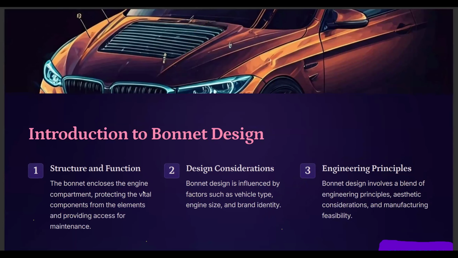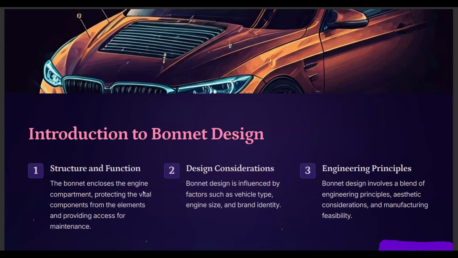Coming back, the first thing that you should see is the structure. When you start designing, be it a hatchback, an SUV, or even a sedan, everything has a particular structure to it.